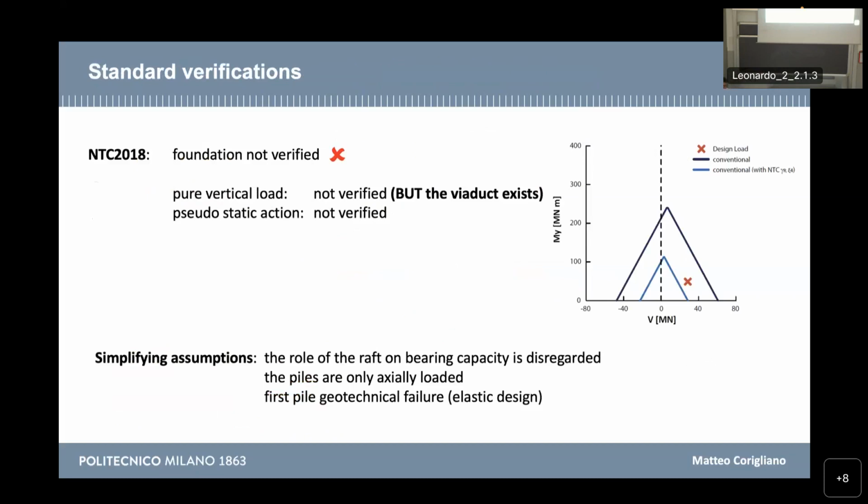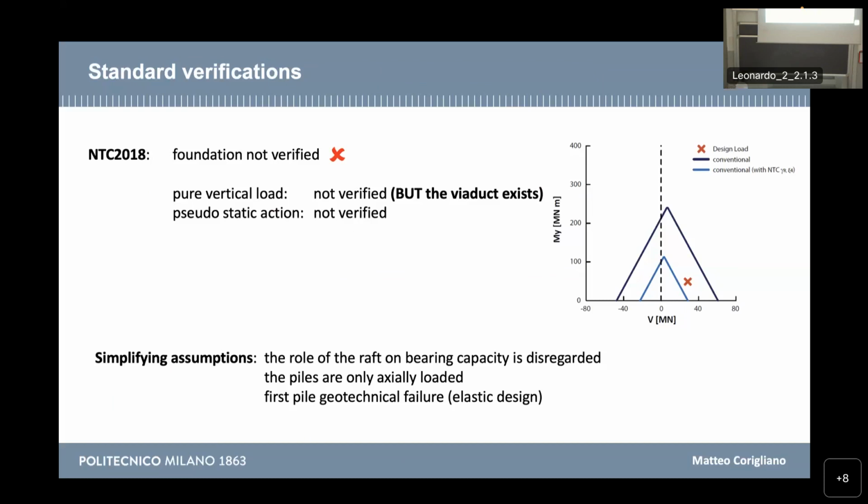neither to the vertical load. So if we make the simple calculations of the traditional approach, we find that the foundation of the viaduct can resist neither the action of the weight of the bridge itself.